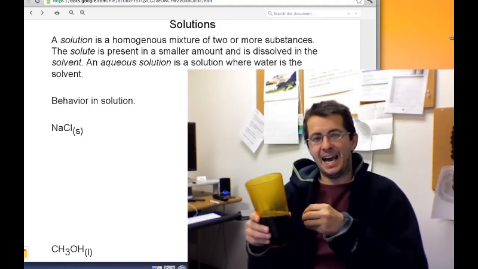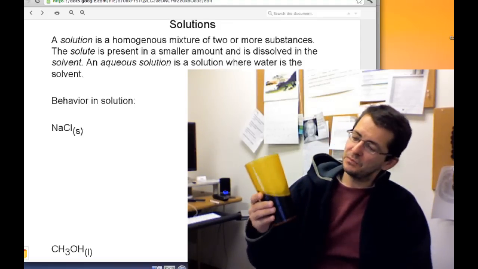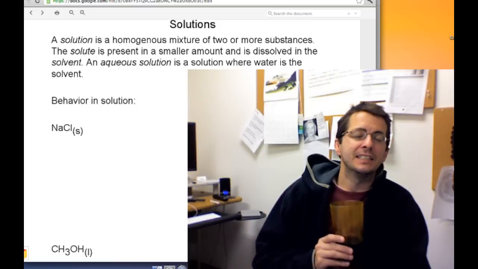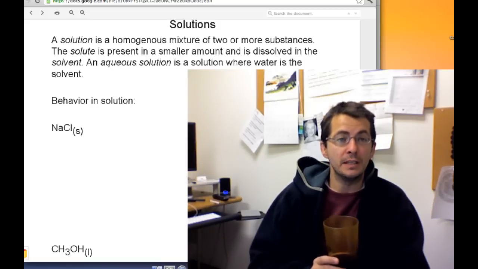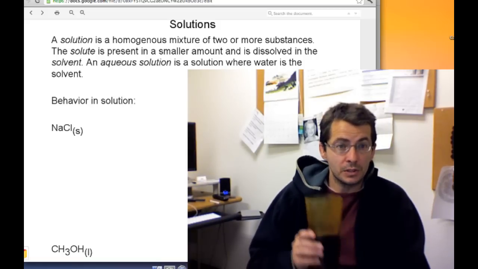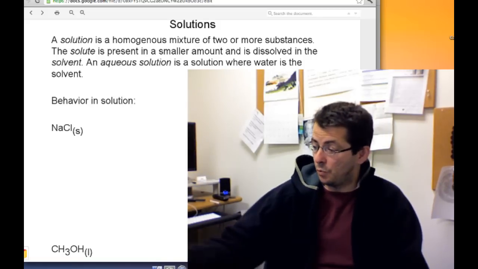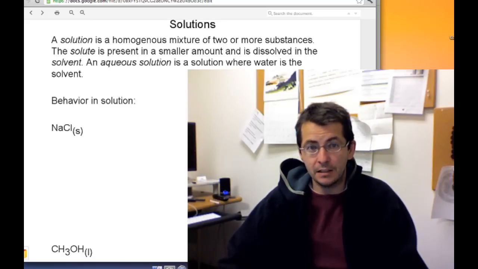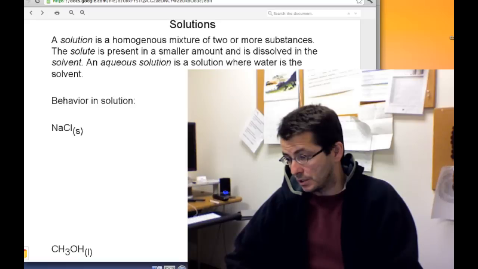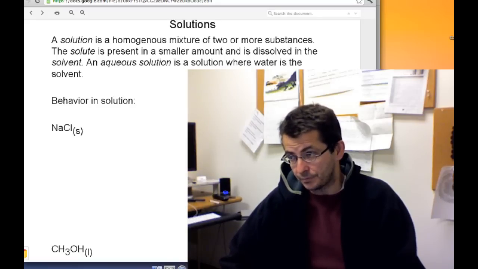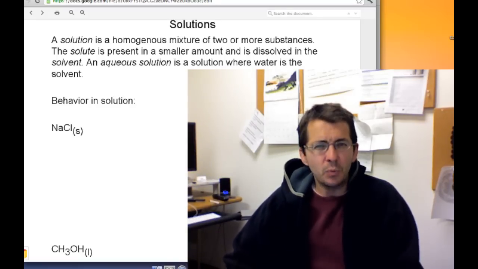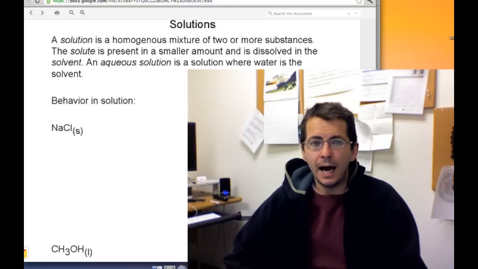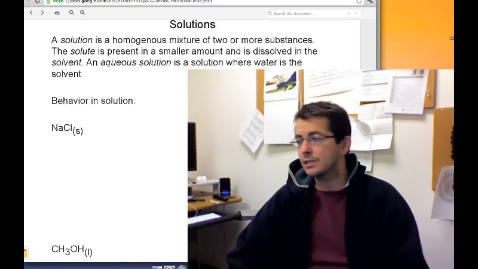So we have a gas dissolved in a liquid, and we have a solid dissolved in a liquid. Both of those would be solutes in this solvent of water. And we have a tendency to think of aqueous solutions as those that deal with water as the solvent. And that's where we'll spend most of our time, in an aqueous solution.